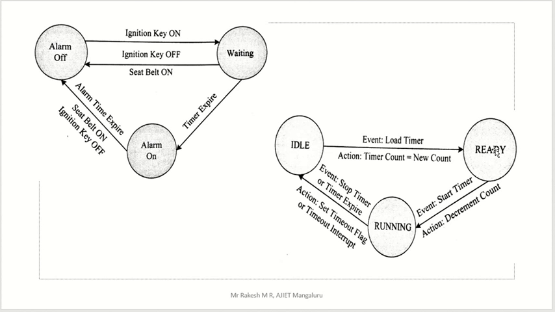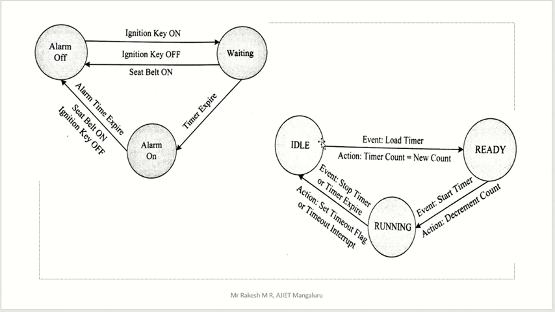Now what is the action and what is the event? In the previous slide on the state machine, we saw that the event is the input for a state. So we have to give an event for that particular state. Now initially consider the alarm is off, idle condition. Now some event will happen. What event? Load timer.